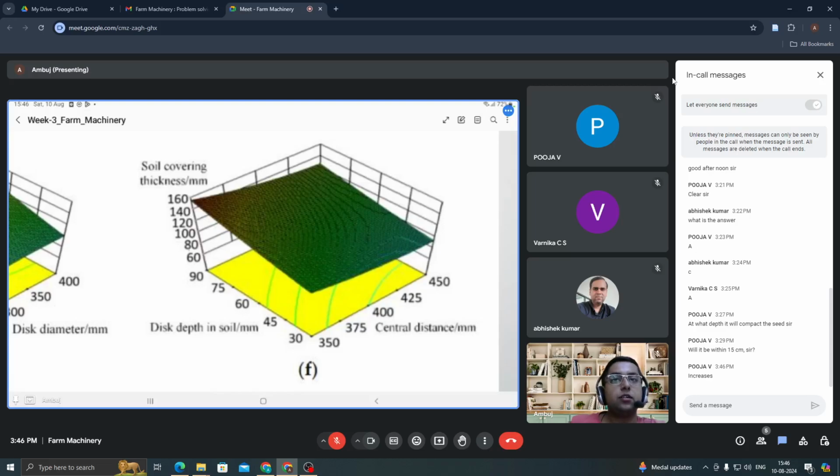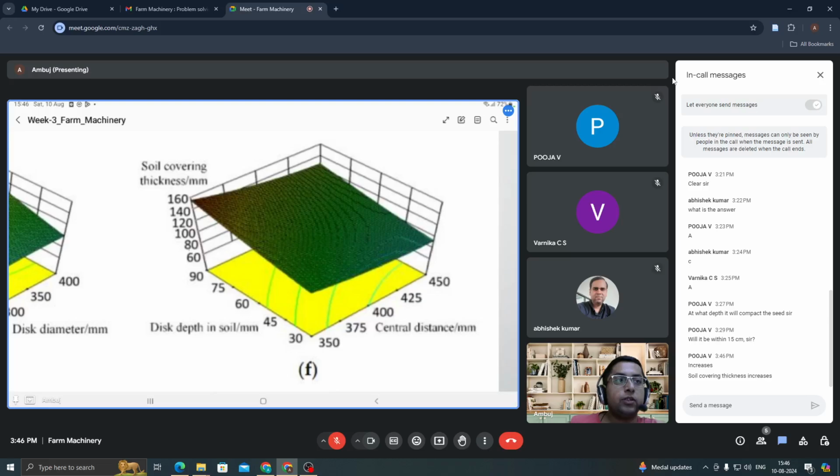Increment of disk depth in soil. Yes, soil covering thickness increases, definitely. As you can see in this figure, as you increase the disk depth, try to focus on the y-axis and z-axis. Increment in disk depth will lead to increment in soil covering thickness, and increment in the central distance will lead to decrement in the soil thickness.